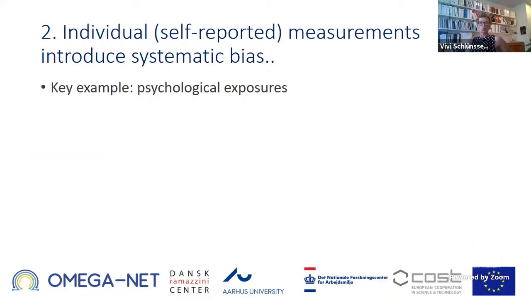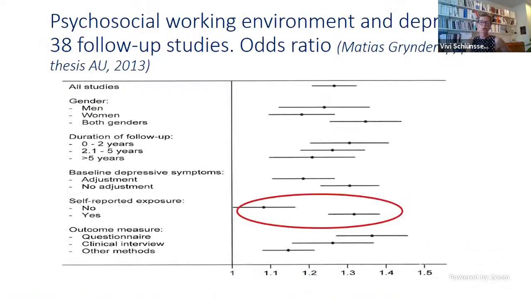Another situation where a job exposure matrix can be used is if you have individual, self-reported measurements and you really think that they might introduce systematic bias. I think one key example here is psychological exposures, where you by definition have issues with self-reported measurements. It was very nicely shown by a PhD student from Ocean University Hospital some years ago.